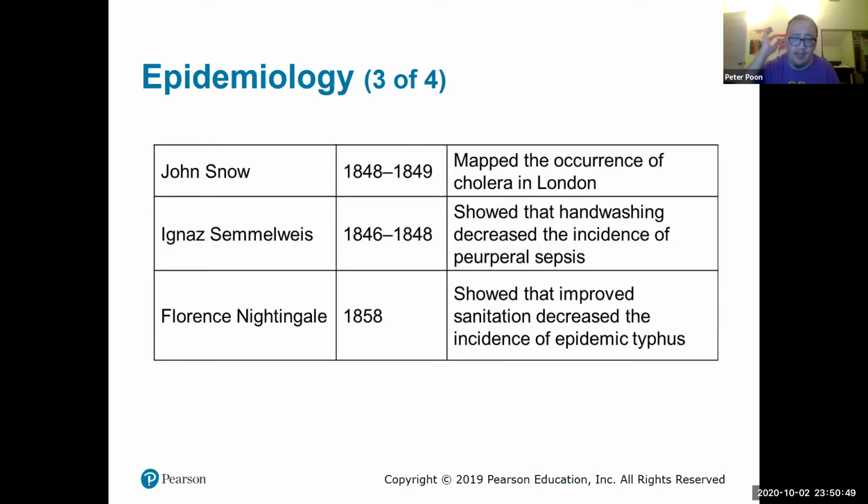Ignaz Semmelweis, I'm pretty sure I'm slaughtering the first name, showed that hand washing decreased the incidence of puerperal sepsis, childbirth fever. What he realized, he was in charge of two separate hospitals.